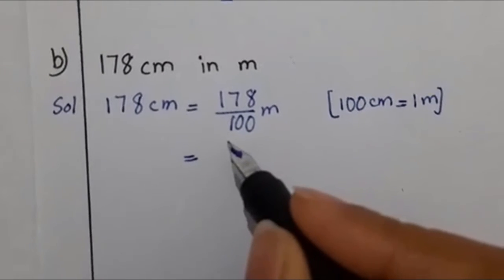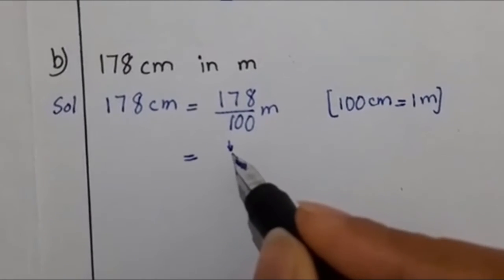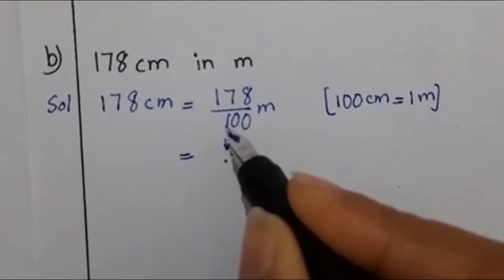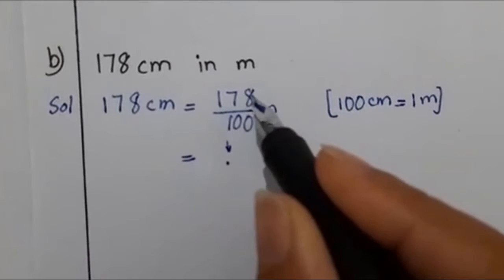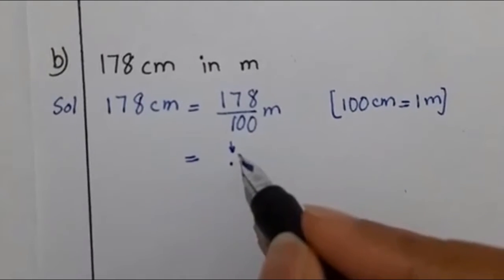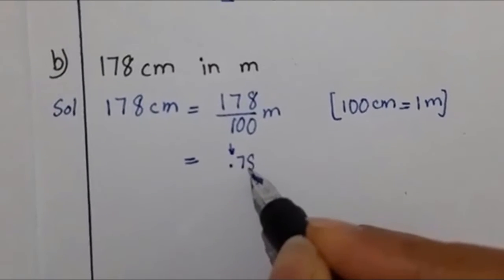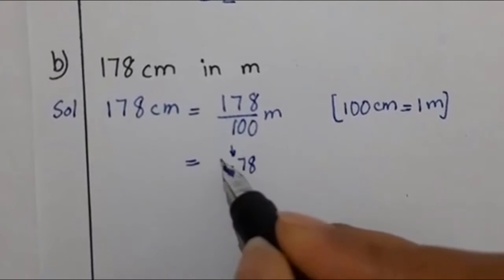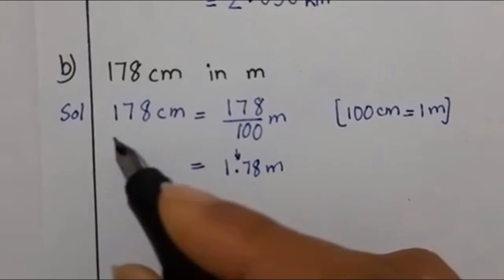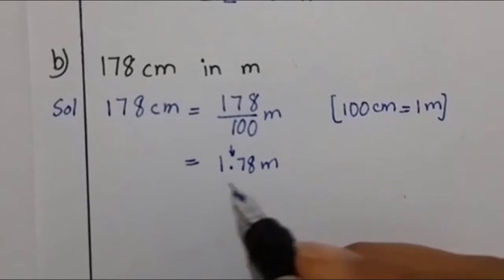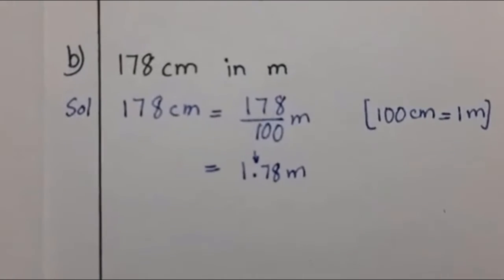So this one will turn into the decimal point boys. After 1 there are 2 zeros, so 2 digits you can see here on the right hand side, 7 and 8, and before this one there is 1. So 1.78 meters. 178 centimeters is 1.78 meters.